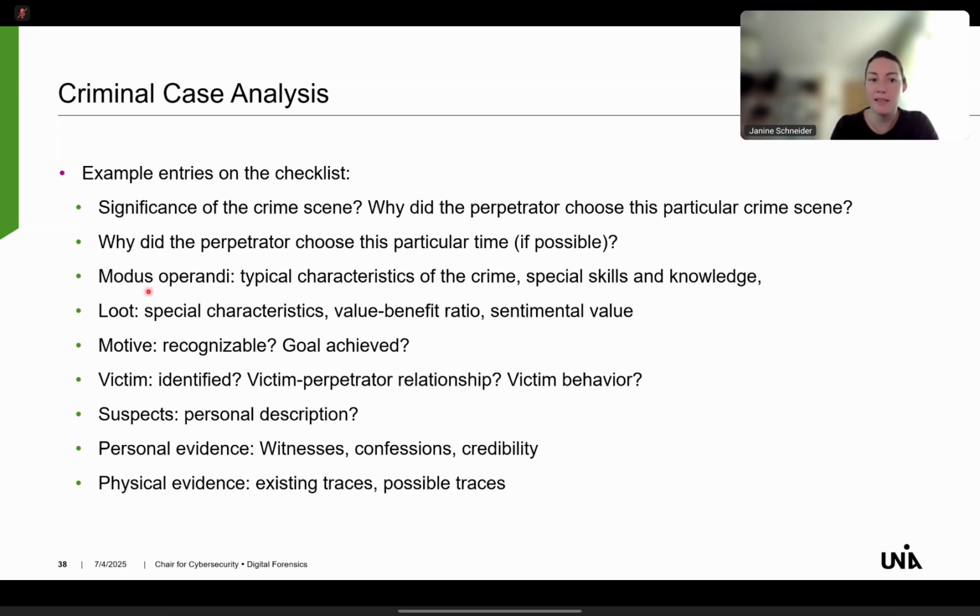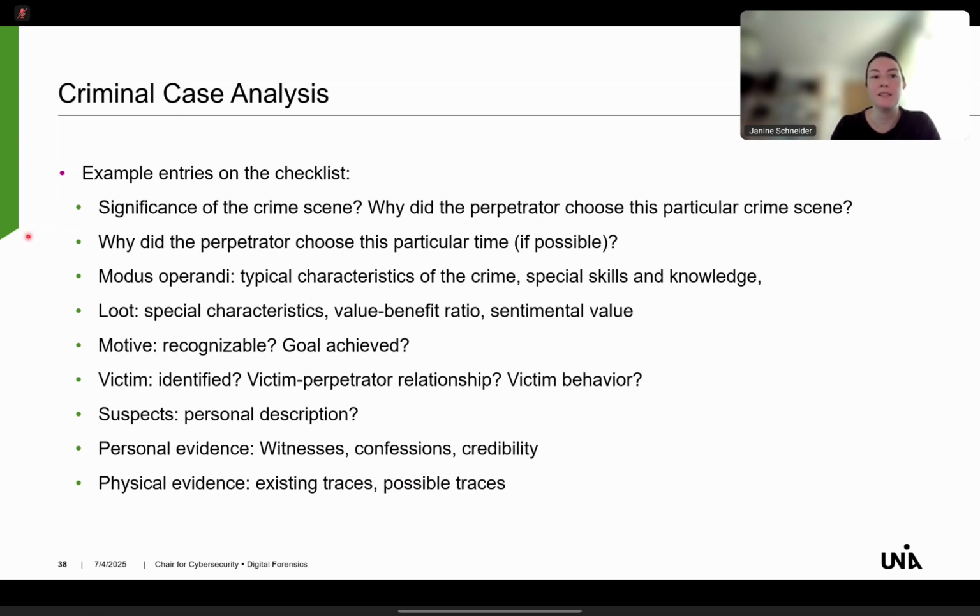What is the modus operandi? What is the motive? What about the victim? Is there a relationship between victim and perpetrator? Is there a description of the suspect? Is there some personal evidence, witnesses, confessions, and so on?